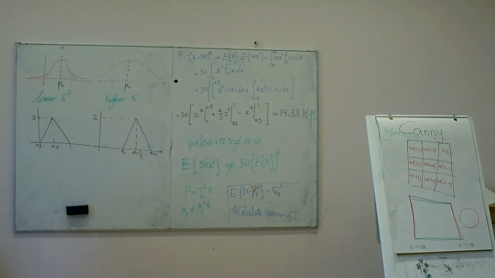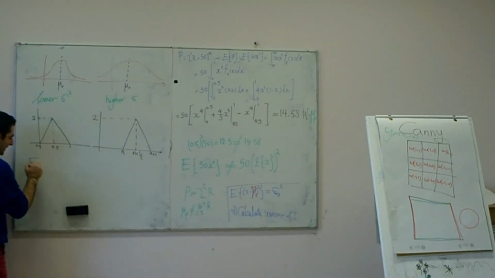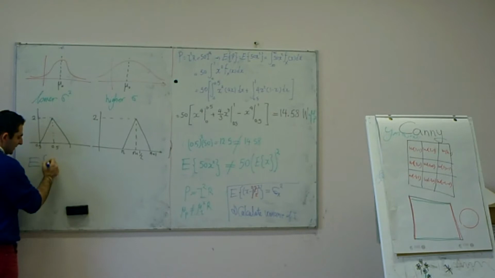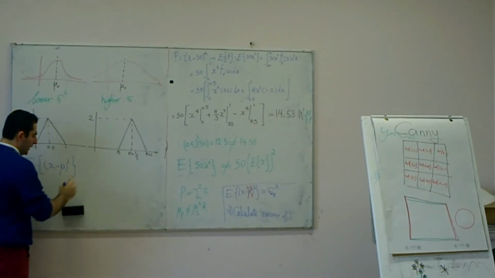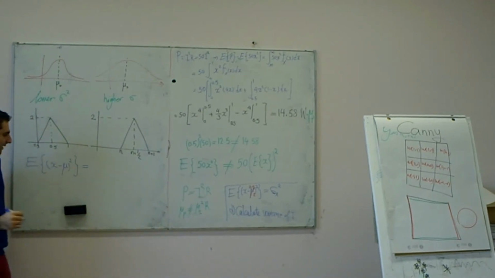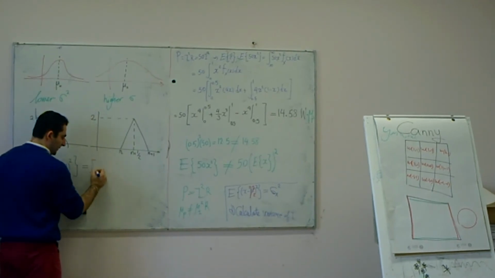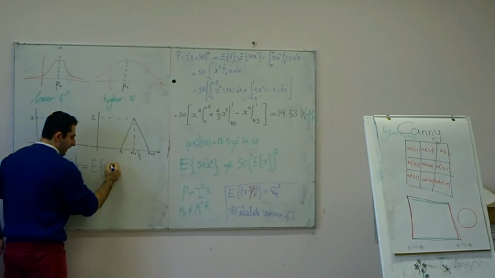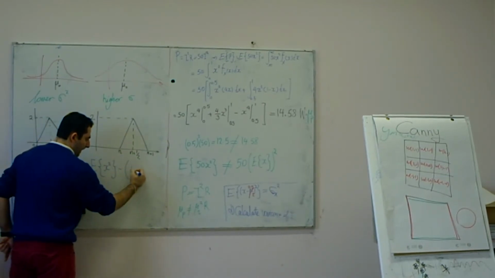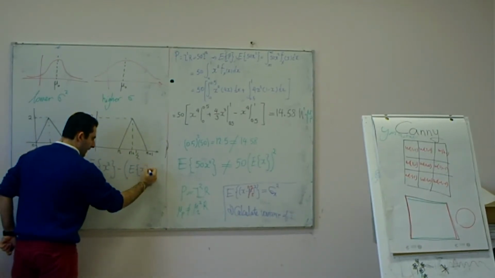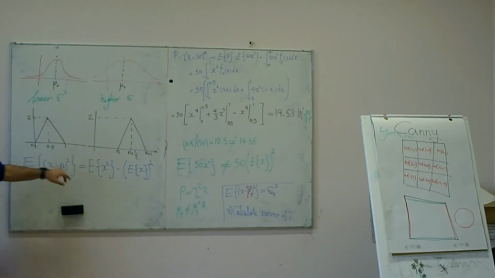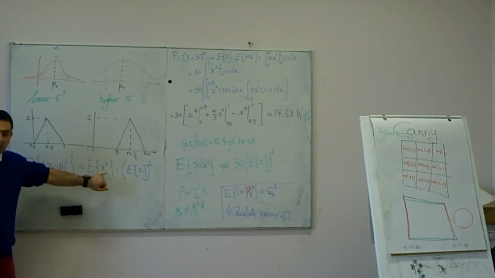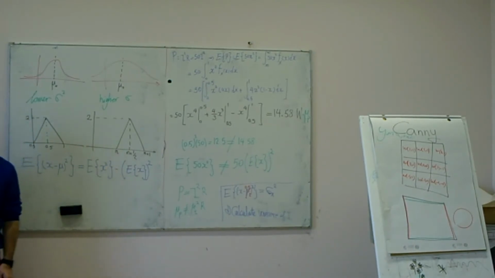Now, yesterday when we talked about the formulation of the variance, we said that sometimes it is easier for us, when we want to calculate it, to use the formula which was the expected value of x squared minus the square of the expected value.